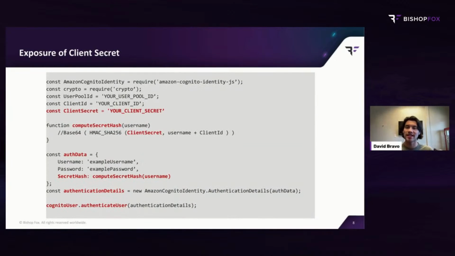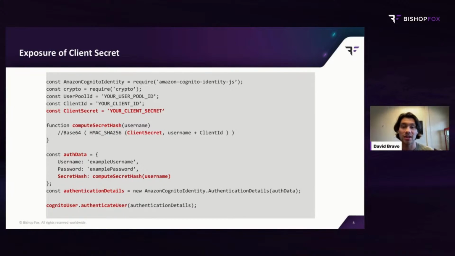The exposure of the client secret. This client secret is created or generated when AWS Cognito integrates with other applications or other AWS services, and when it's created, it usually becomes necessary to perform all of the common functionalities such as sign in and sign up.